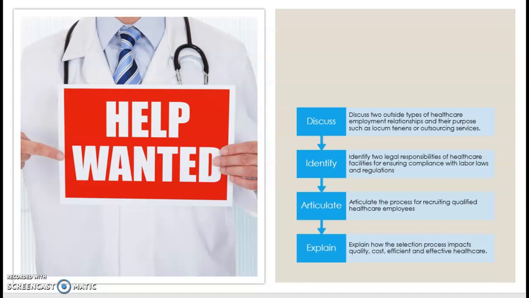So when you're thinking about the legal responsibilities, we're going to think about things such as the types of employees and the types of compensation that they would get for the same work that's done as traditional employees.